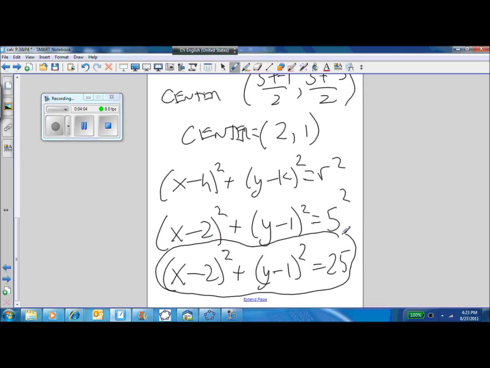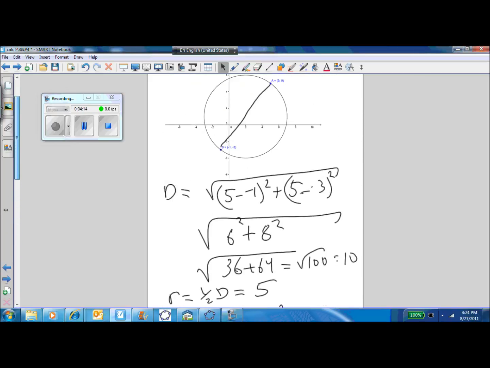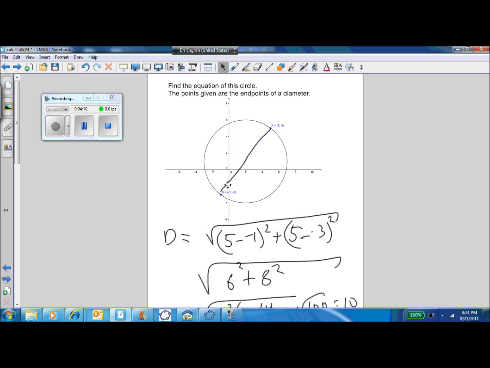In fact, this way communicates more ideas to people that look at the equation. Now, note that we had to actually have the endpoints of the diameter on this one. If I just gave you any two points on the circle, that wouldn't quite work out so well. You'd need a third point on the circle to determine the whole equation of the circle, because you can imagine there are a lot of different circles that could go through just those two points.